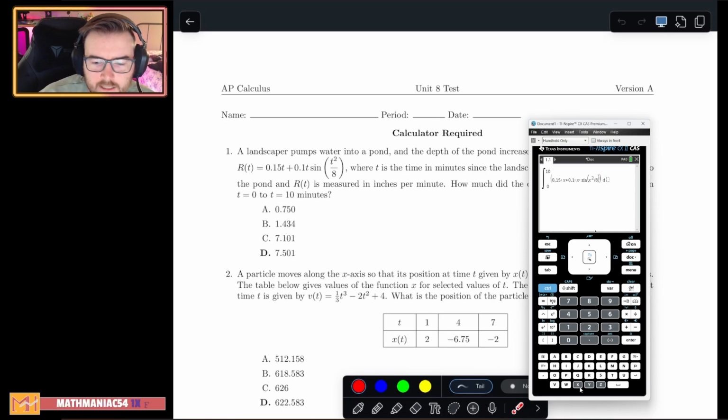I did x instead of t, whatever. Control enter for a decimal, and we have arrived at option D, 7.501. That's that. But keep this massive idea in mind. If you have a rate and you integrate that rate, this will find the change along that interval, the amount of change. It's a massive idea for the integral.